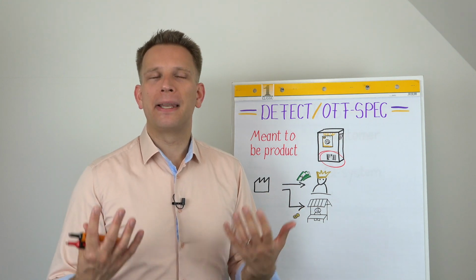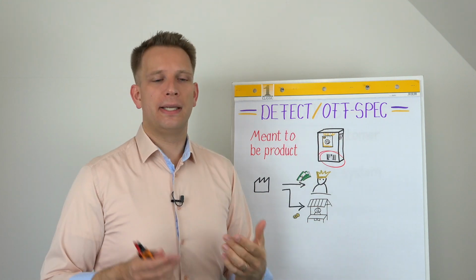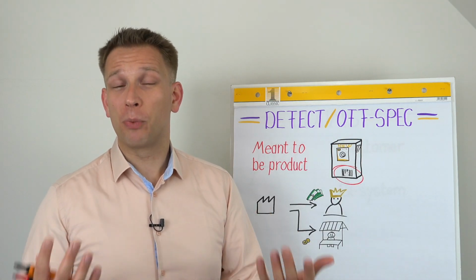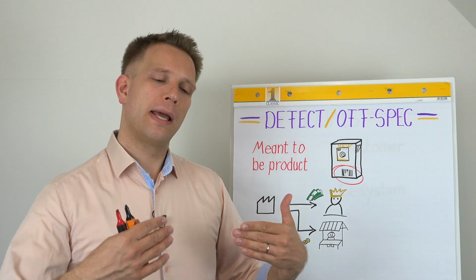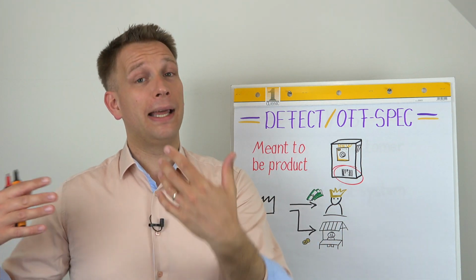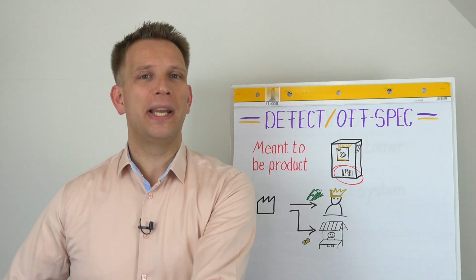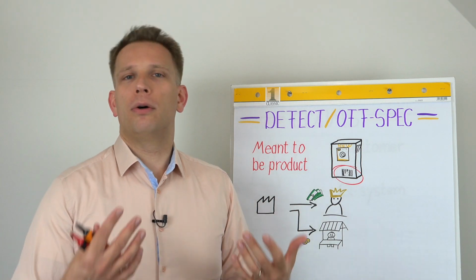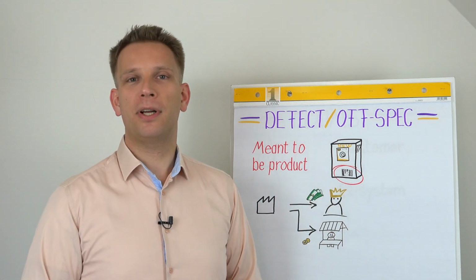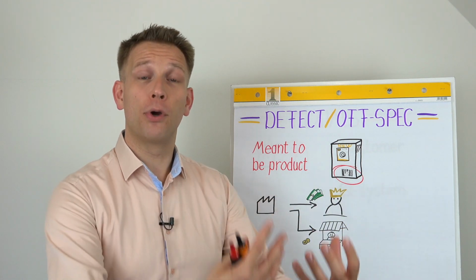Now, for me, the big difference between these two is how do you account for them? In many firms, especially when you're using SAP or Oracle, a defect is sent into a separate bin and is registered as volume going into a defect stream, while off-spec, products that you revalue and put into another market, they formally leave your factory.